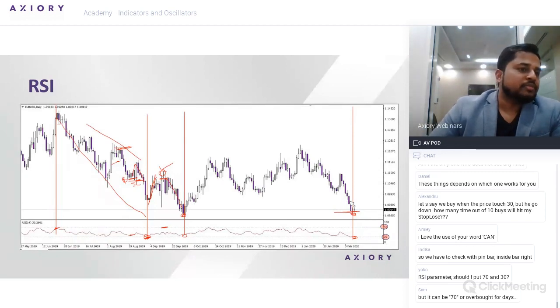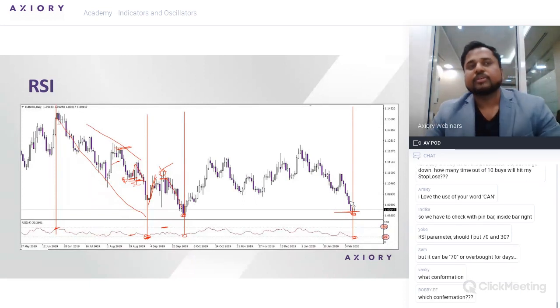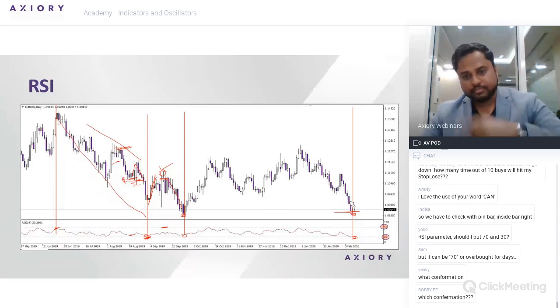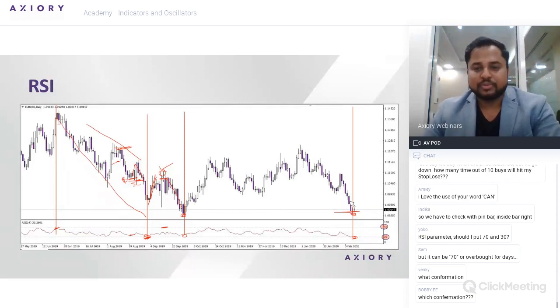But can it stay at 70 for overbought for days? Yeah, correct. Now you see the case of indices, Dow Jones, S&P. It is continuously going up. Many people think it is an overbought condition, but the price is again moving up. So that happens.